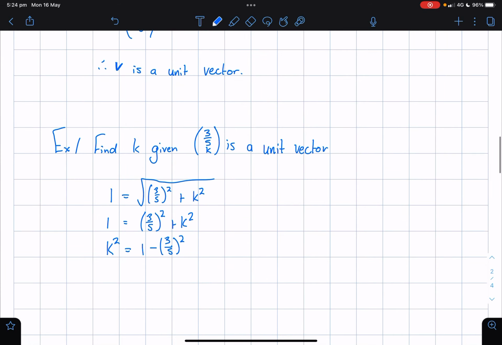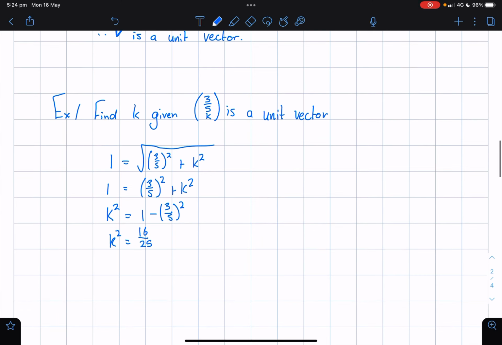So k squared equals 1 take 9 on 25, which is 16 on 25. Taking the square root of both sides, k is equal to plus or minus 4 on 5, since the square root of 16 is 4 and the square root of 25 is 5.